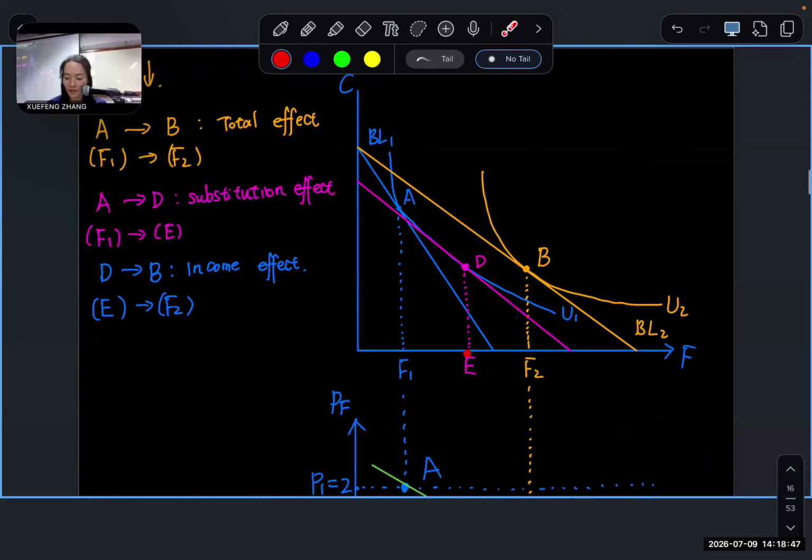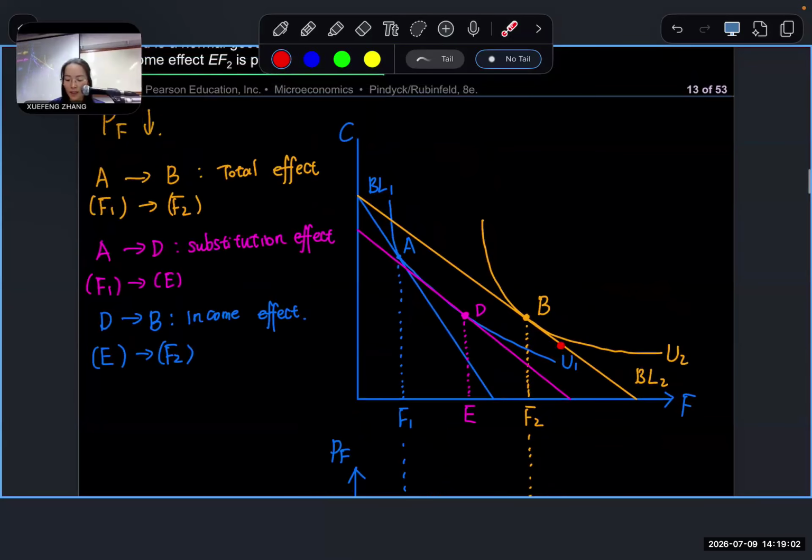This is the substitution effect, and it's an increase. Then from D to B, which is from E to F2, it's an increase as well. So increase plus increase is a double increase. That's why we have our total effect, which is A to B or F1 to F2. This is our total effect.